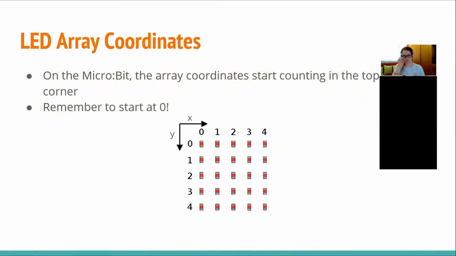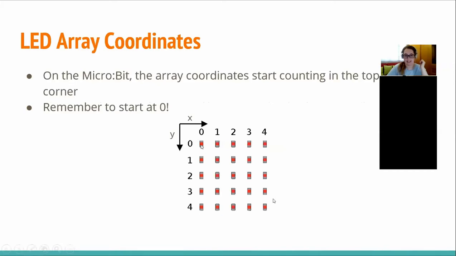To do that, we start using array coordinates. Now, what we mean by that, as you can see on the diagram here, we have a little picture of a 5x5 array. If we start at the very top, we need to know where I am on our x-axis, so where I am across, and where I am on our y-axis, so where I am going down, basically.